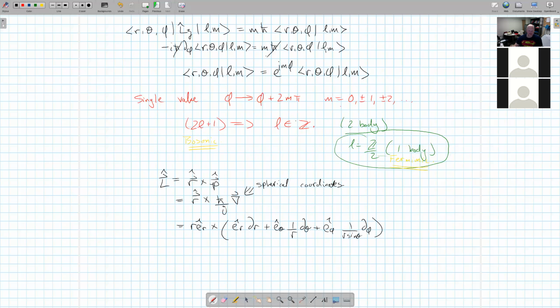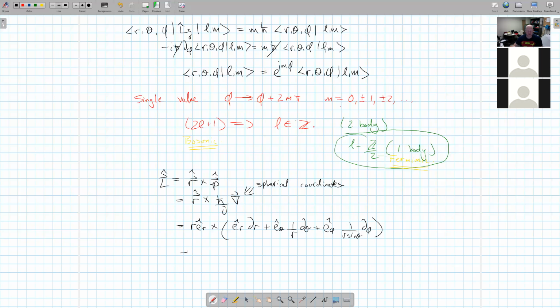Now when I cross, this one kills off this one, so there is no r component. When I do e_r cross e_theta, that gives me an e_phi. And when I do an e_r cross an e_phi, that gives me a negative e_theta.